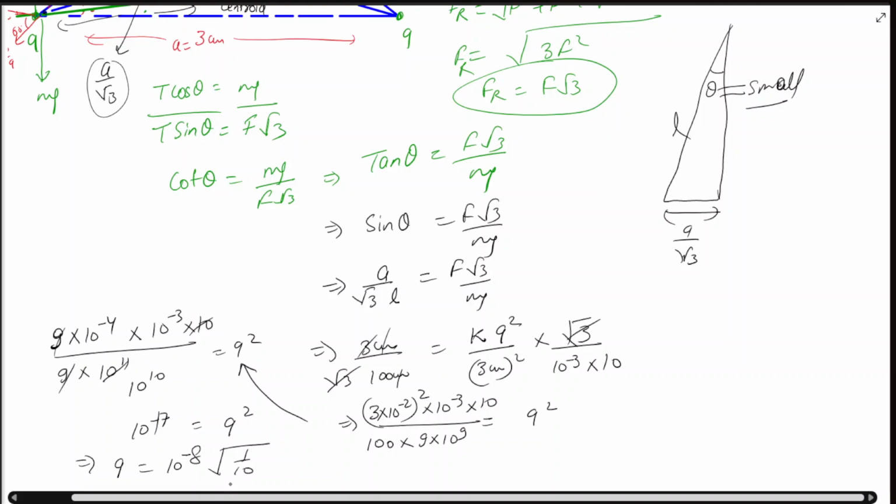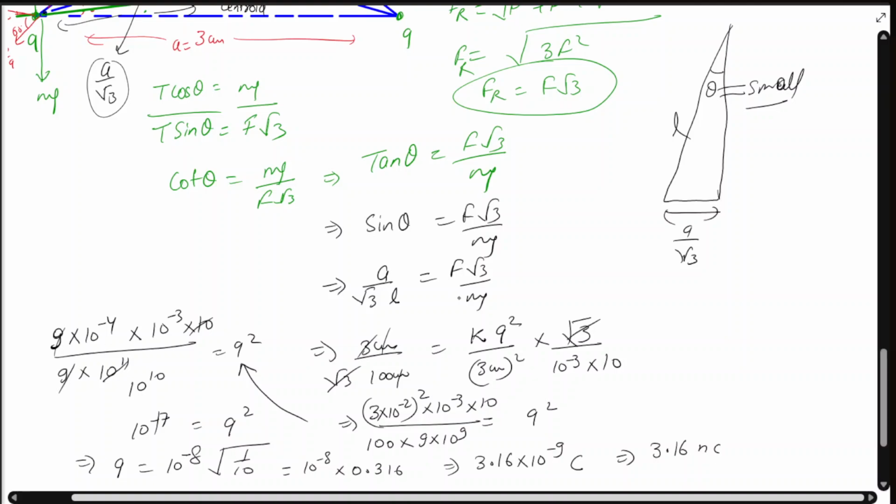So root 0.1 is what? It will be 10 raised to the power minus 8 into 0.316. Yeah. So we will get 3.16 into 10 raised to the power minus 9 coulomb, which is nothing but 3.16 nanocoulomb. This is our answer.